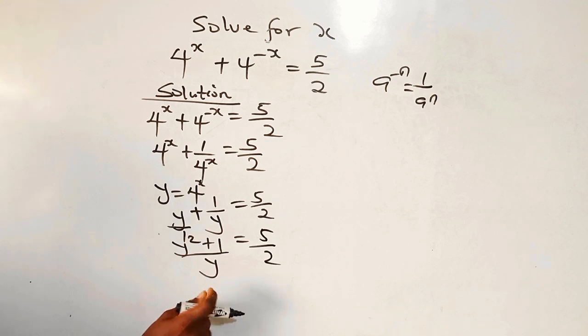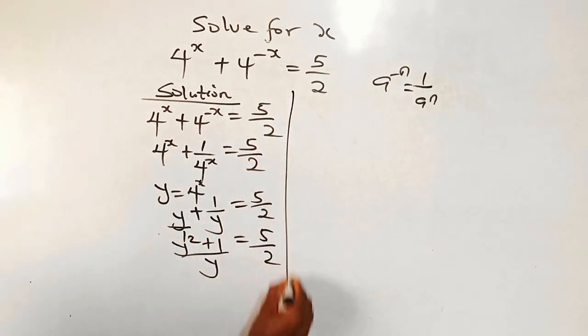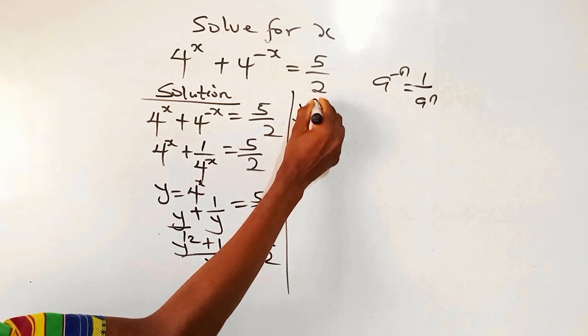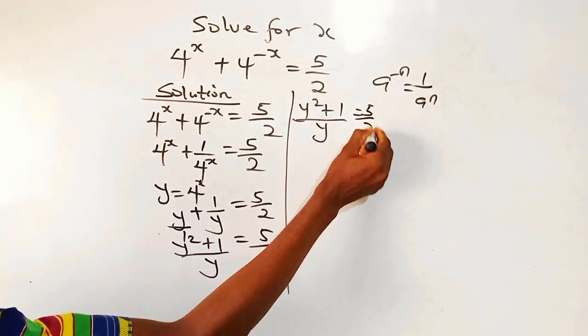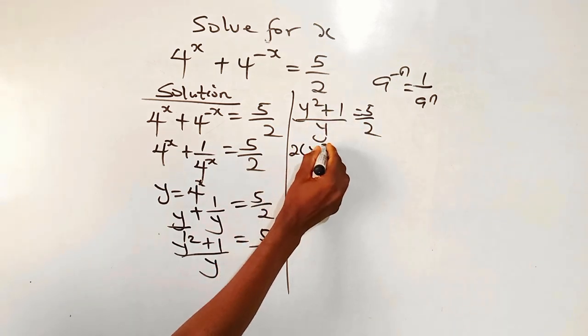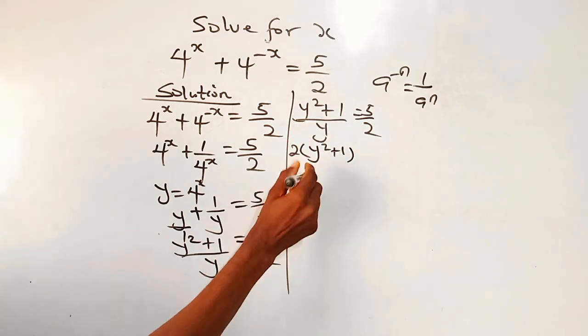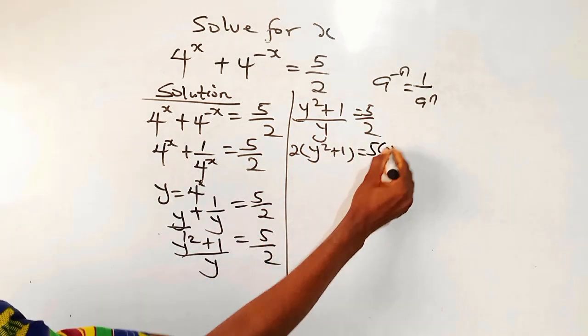So from here, we can cross multiply. When you cross multiply, we have y squared plus 1 over y equals 5 over 2. This gives 2 times y squared plus 1 equals 5 times y.